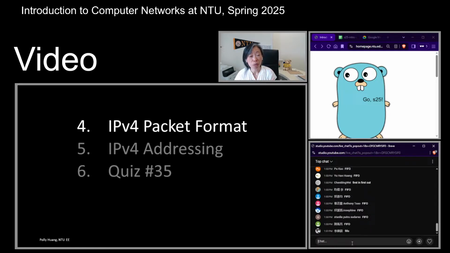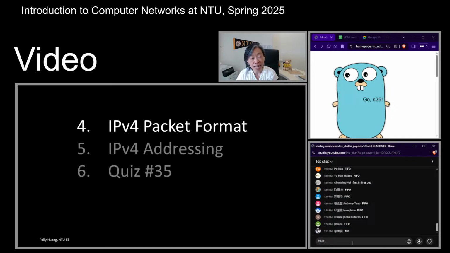Just like when we introduced UDP and TCP, we introduce the packet headers, the packet format. The first video here, you see Polly giving you a very high-level overview of what the network layer does. Then Polly pops up the IPv4 packet header, and there are so many fields. It will take some 5 minutes to go over them.